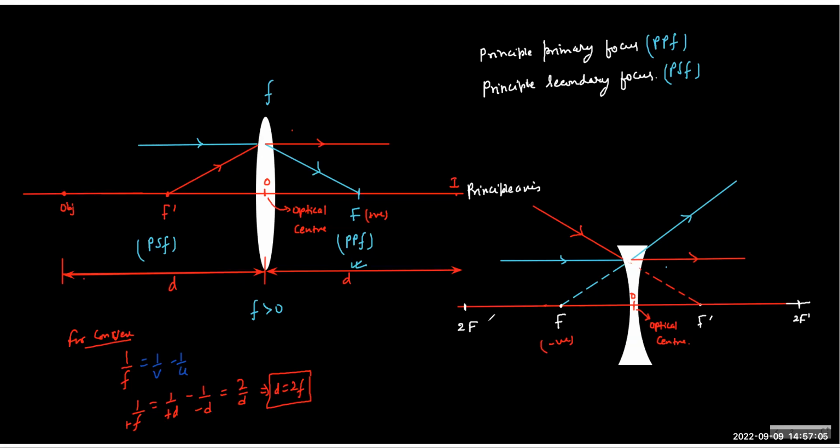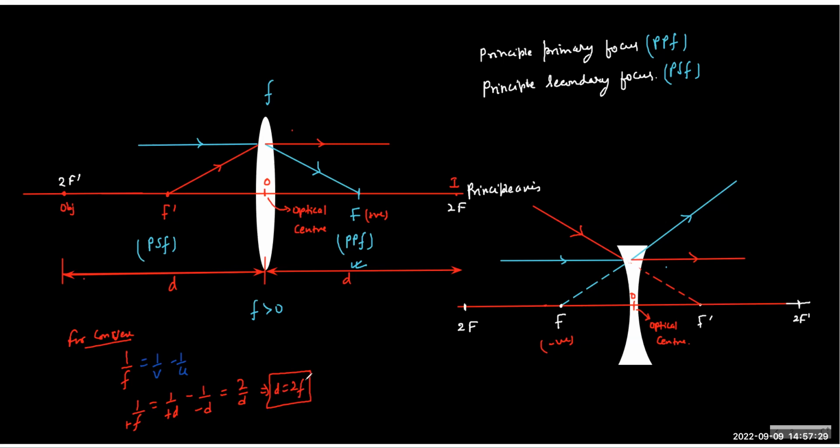But if you keep the object at 2F dash, the image will be at 2F. In concave, if you keep the object at 2F, the image will be at 2F dash.